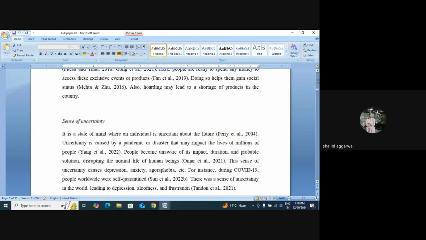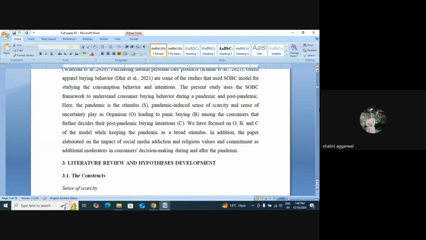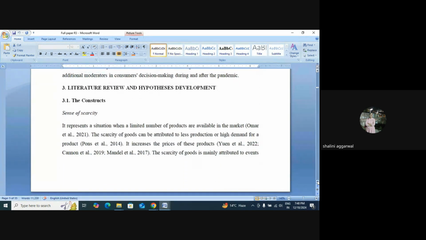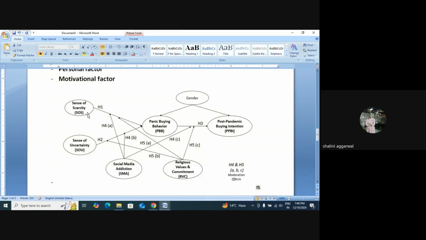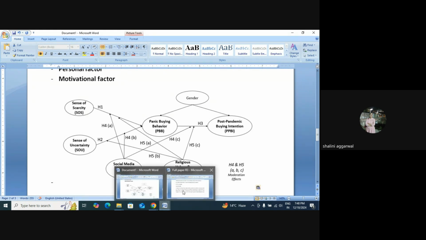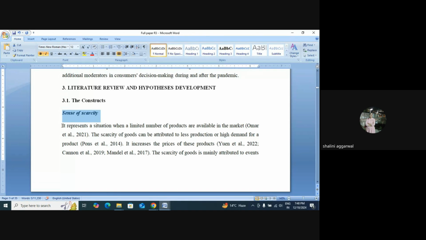Look at this. So you have to talk about first the variables. You can see one of my variables is sense of scarcity. आप देख सकते हो इसमें. So this is my one variable that is called a sense of scarcity. What I have done in the review of literature is I have written a paragraph about it.